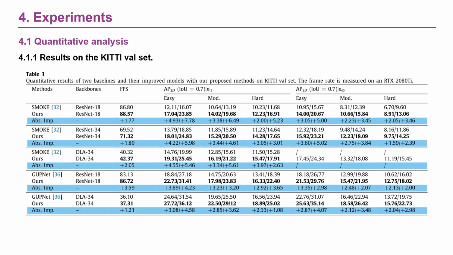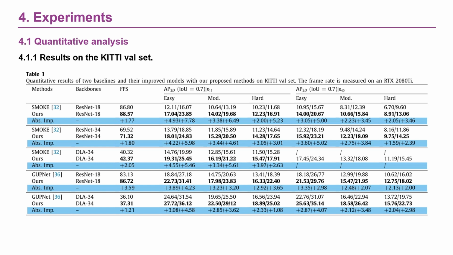As shown in Table 1, we provide the results on the KITTI eval set on SMOKE and GUP-Net. We can see that the original baseline's performance is largely boosted by applying our methods. For instance, we improve the average precision of SMOKE with ResNet18, ResNet34 and DLA34 backbones by +3.38, +3.44 and +3.34 on the moderate level respectively.